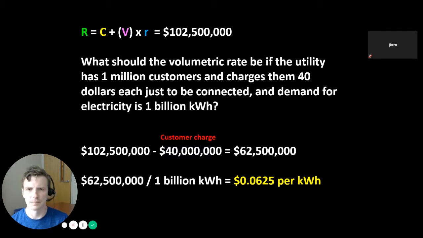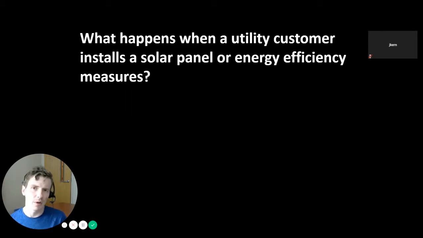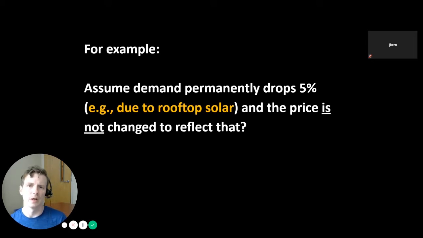So now we want to look at what happens when a utility customer installs a solar panel or energy efficiency measures. For example, let's say that demand from this utility permanently drops by 5%. We could say that that's due to customers installing rooftop solar.